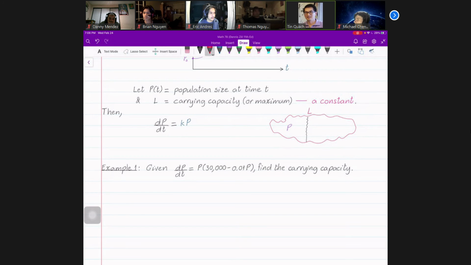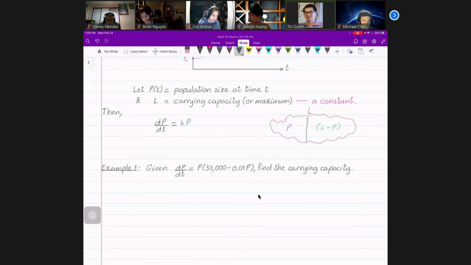So if the entire state can accommodate L number of people, and we have P number of people so far, then how many more can the state accommodate? How do you figure this out? L minus P. Very good.